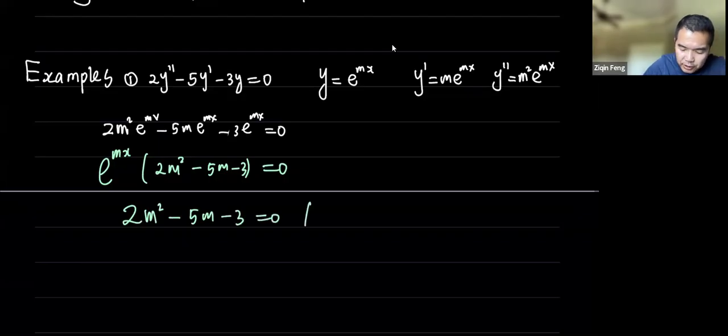This is called the auxiliary equation. By solving this, we get the general solution of the original differential equation.